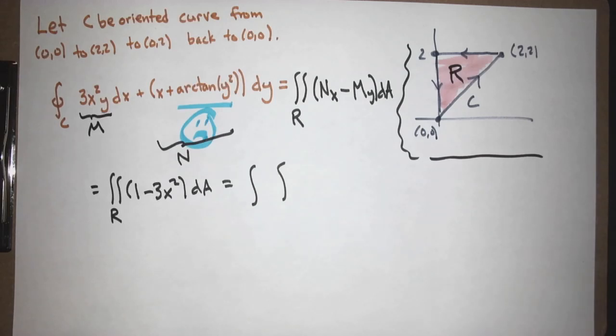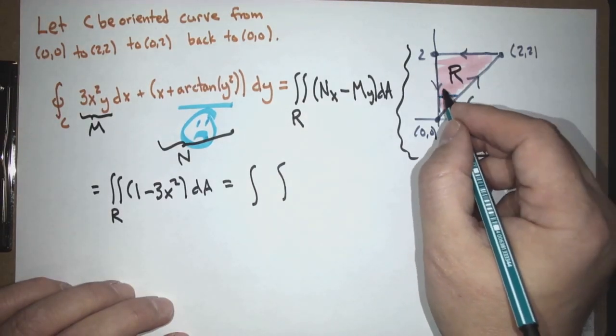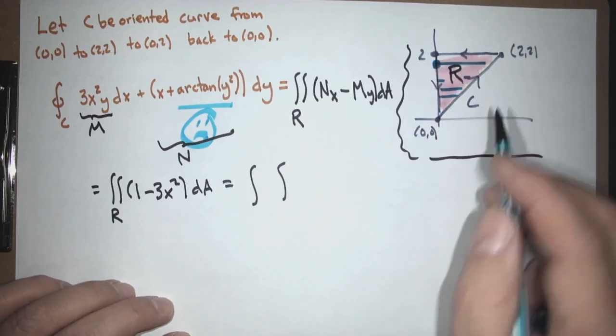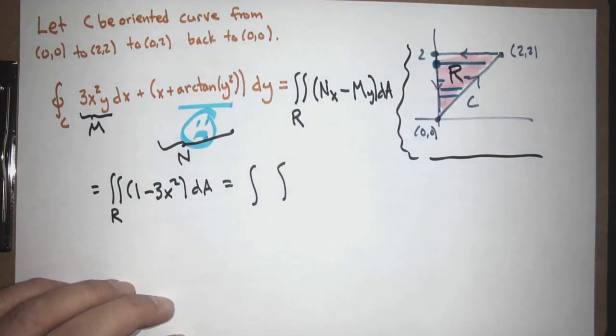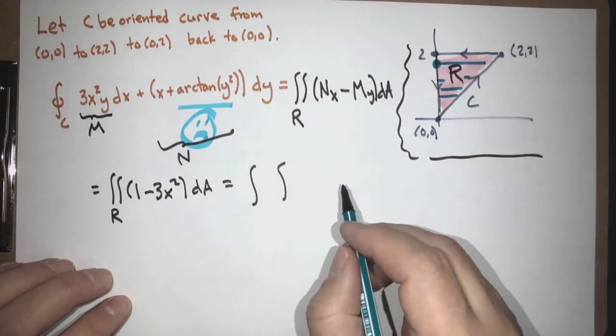Which one's the preferred answer? Horizontal. You might say, why would horizontal be preferred? When you slice horizontally, where do you start from? 0. 0 is our friend. We like 0.